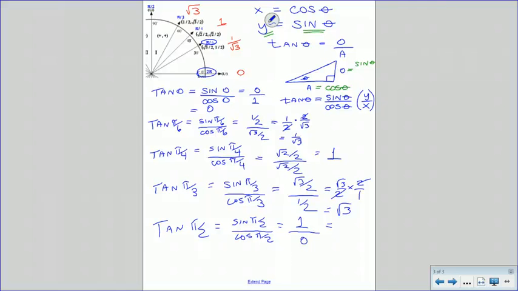Can you divide by 0? You cannot. That's undefined. No solution. Tangent is undefined at pi over 2, so I'm writing up here undefined. I wonder what happens at pi over 2 on the tangent graph, folks, if it's undefined. We'll save that for later.